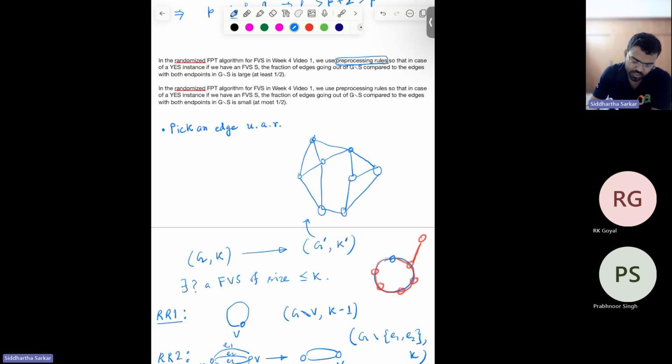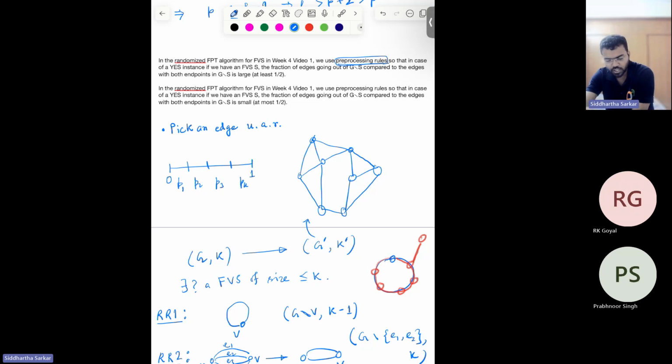What generally people do is they generate a random number between 0 and 1. They partition the interval 0 to 1 into k parts. This is part 1, part 2, and part 3, and so on. There are k parts. Then they generate a random number between 0 and 1, and depending on which part that random number falls, they choose an edge. So they have to ensure that every edge is picked uniformly at random.